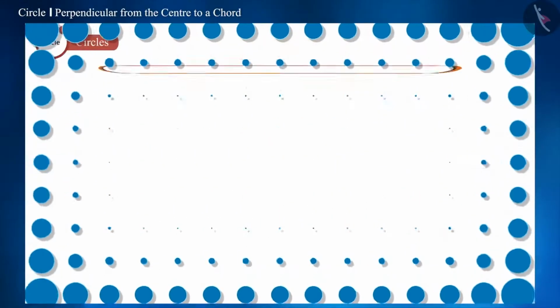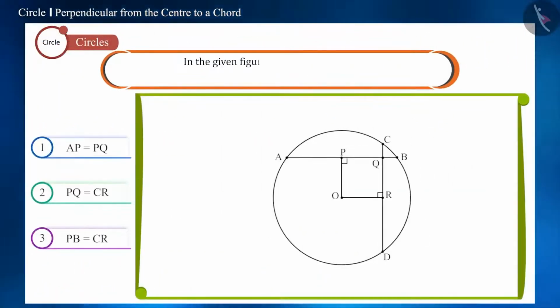Let's see the question. In the given figure, chords AB and CD are equal, and line segments OP and OR are perpendicular to chords AB and CD respectively. Check the options given below and identify the correct option.